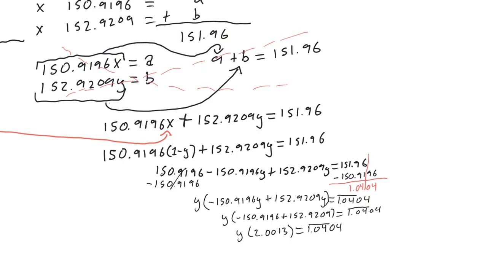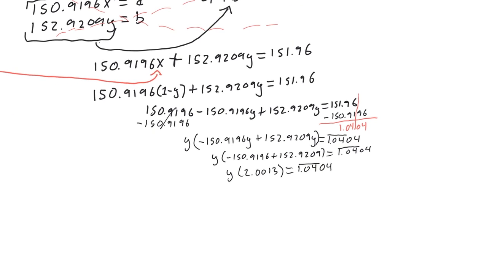Now, it's a matter of division. Divide both sides, and I have my value for y. 1.0404 divided by 2.0013, which is 0.51986209, or 0.520 to 3 sig figs.